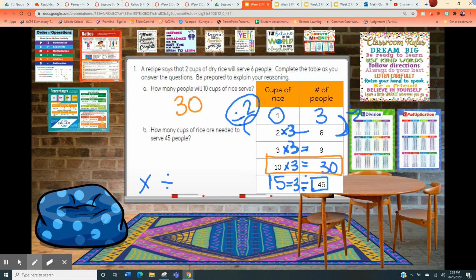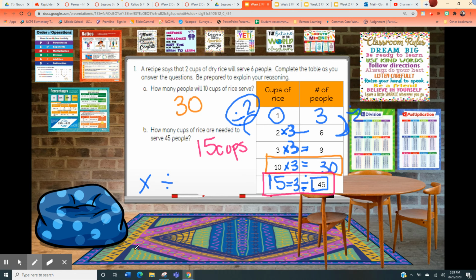Then it says, how many cups of rice are needed to serve 45 people? Well, if I look right here, I know that it took 15 cups to feed 45 people.